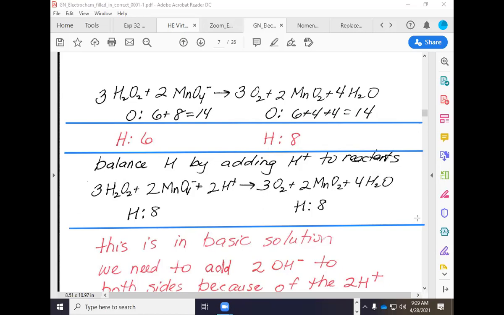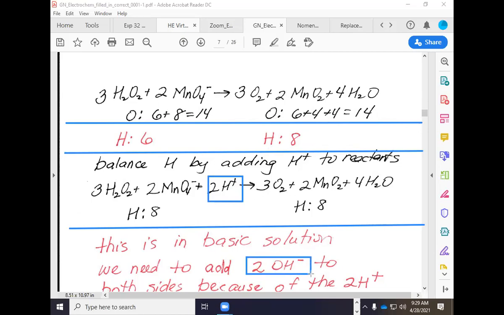So then we have to consider the question said this is in basic solution. So we need to take care of that. We're going to look at how many H pluses we have, and that will tell us how many hydroxides we can add.